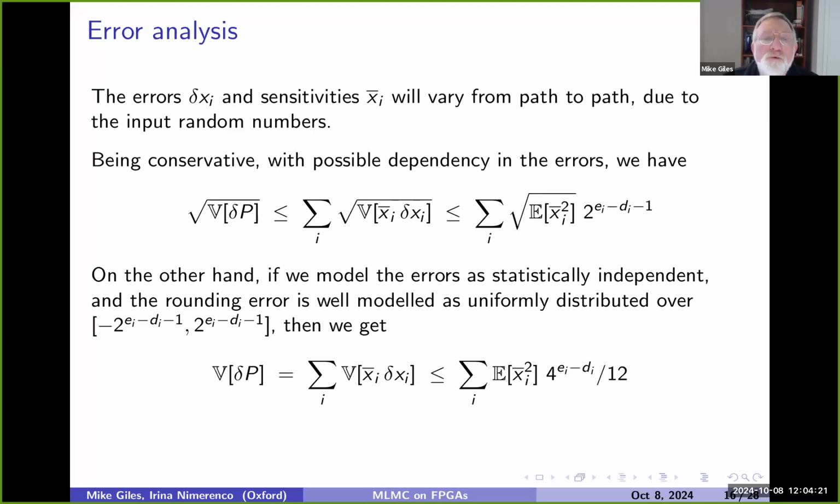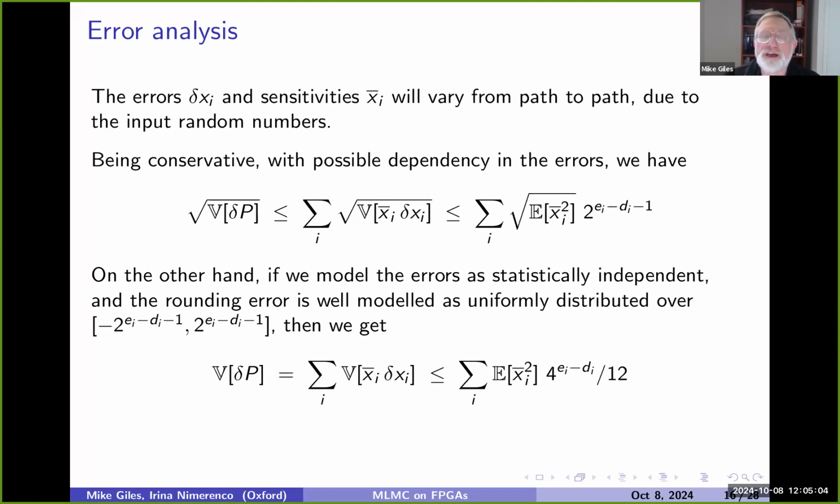In that case, we would have to bound the error this way by saying that the square root of the variance of the error in the output is a sum over all of the intermediate variables of the variance of the error due to that variable. And then that's bounded by the expected square of the sensitivity times this size of delta x being 2 to the e minus d minus 1. But that's very much a worst case scenario.